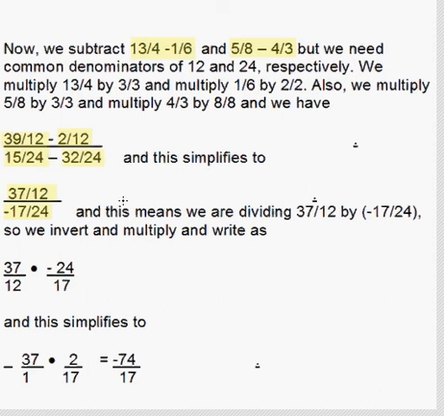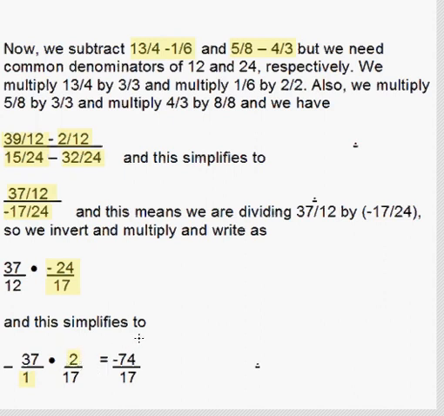We divide fractions by inverting the fraction we're dividing by and multiplying. We're dividing by 17/24, so that's the fraction we invert. We write this as 37/12 times negative 24/17. Now we can do a little canceling here, because 12 goes into 12 once, and 12 goes into 24 2 times.